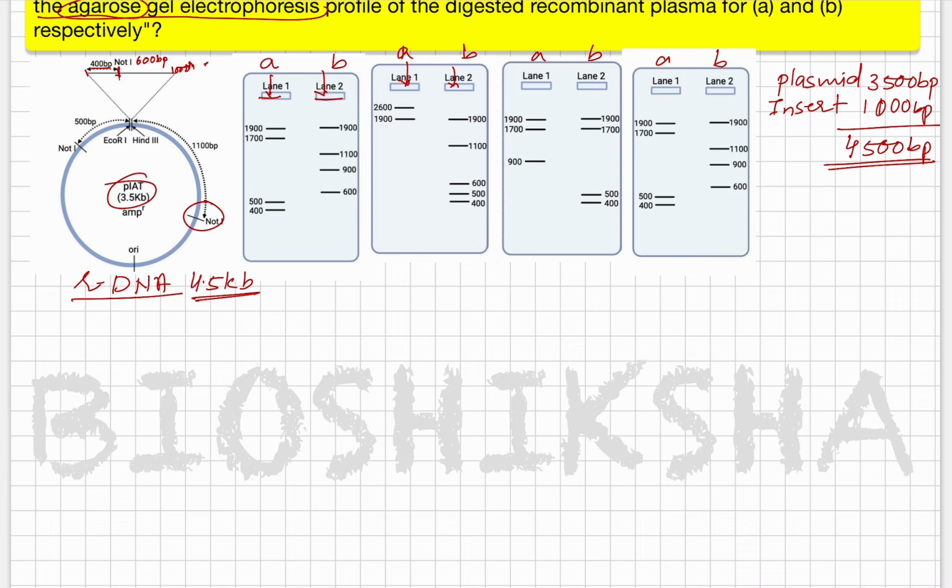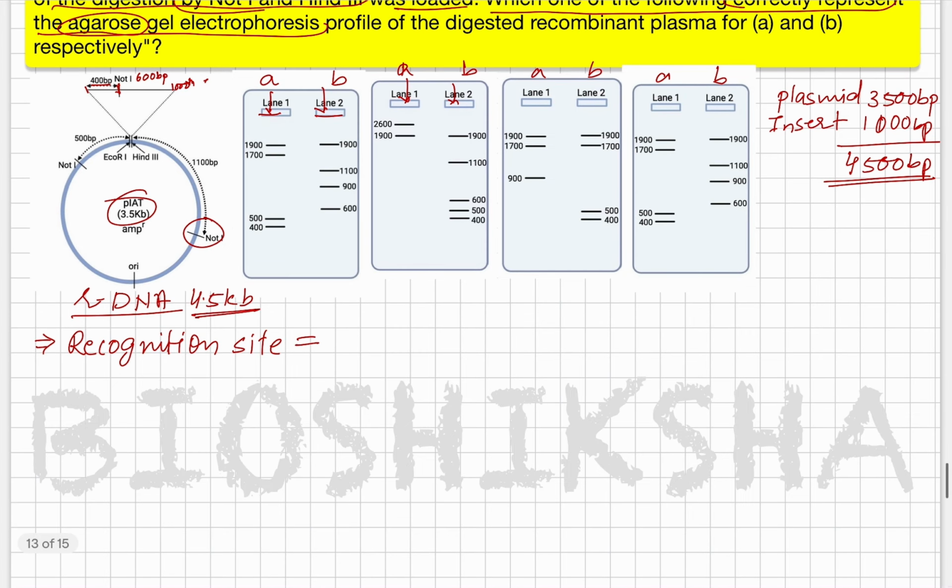Now what are the recognition sites? Let us see how many recognition sites: 1, 2, 3, 4 and 5. So the total number of recognition sites is 5. What are those 5?